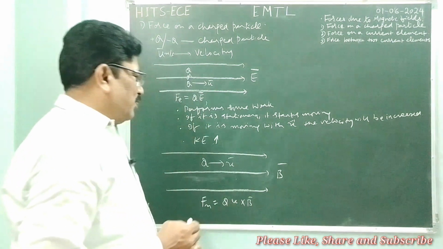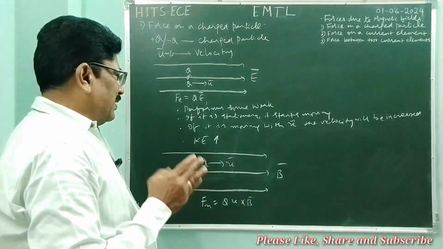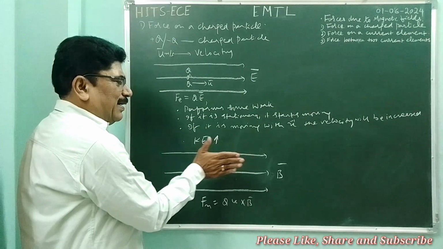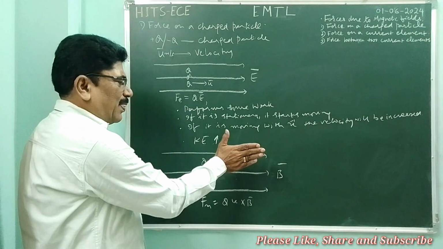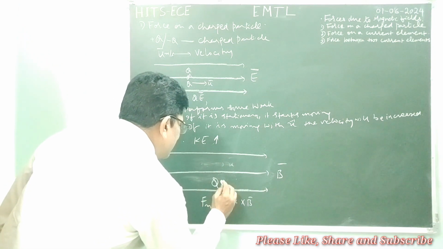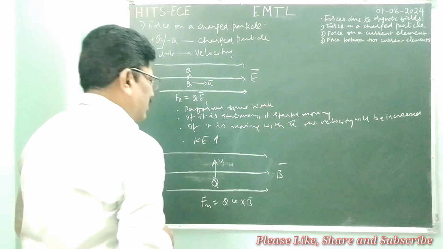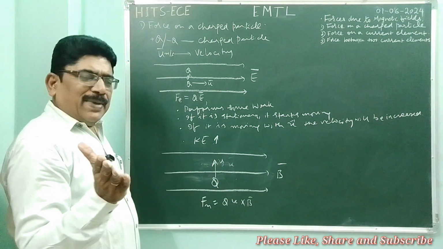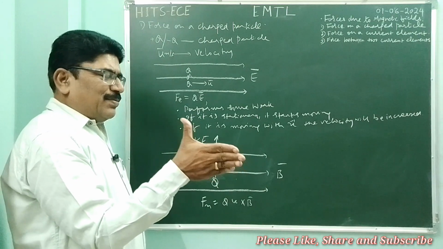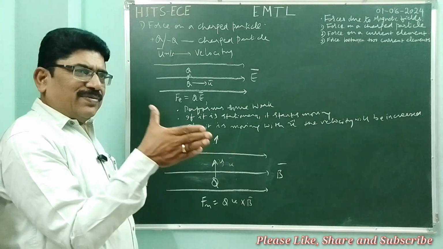So what is the direction of the force? By applying the right hand palm rule, we can find out the direction of the force. The magnetic field is this side. Let us suppose q is moving in this direction with velocity u. The magnetic field direction is shown by these four fingers, and the thumb shows the direction of movement of the charge.